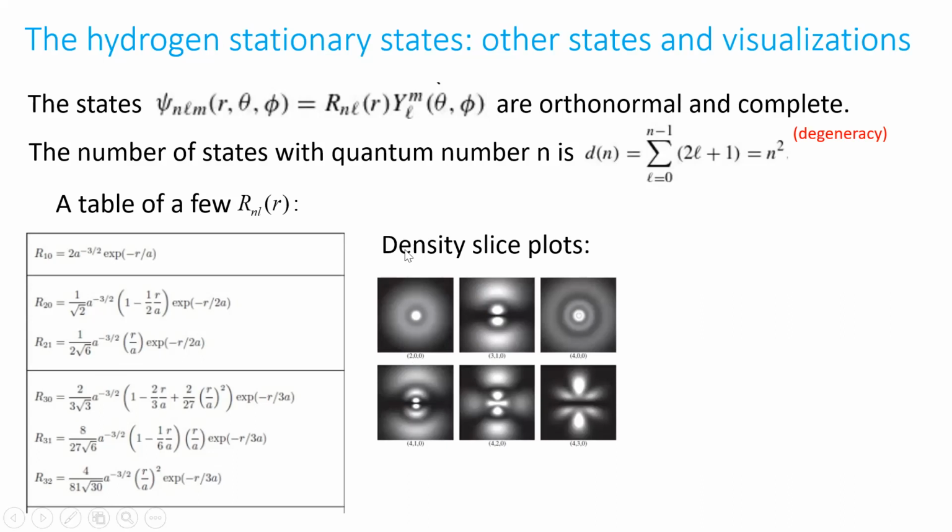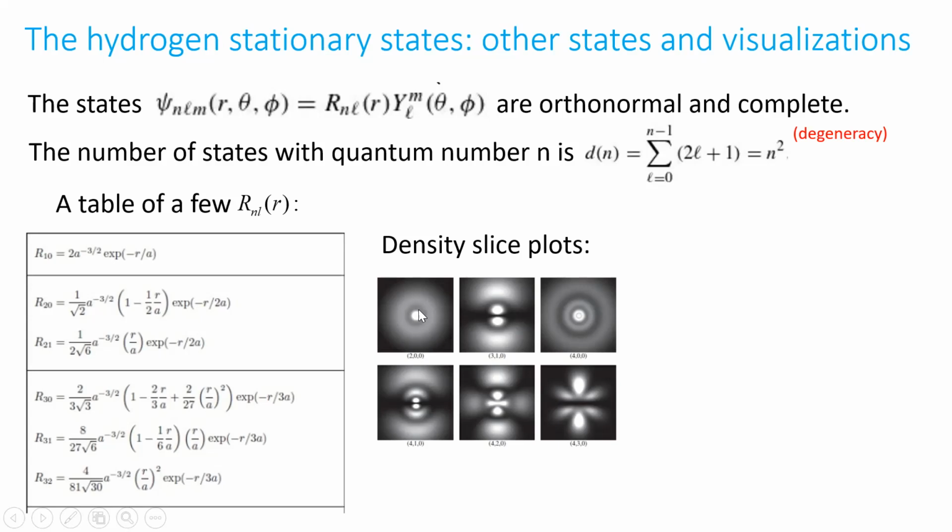So one thing you can do is just take a slice, and this is a slice sort of in the, I guess, XY plane of the 3-dimensional space. So for 200, we see it's spherically symmetric because it would be paired with Y00, which is just a constant. So it only depends on R. So there's no angular dependence here for 200.